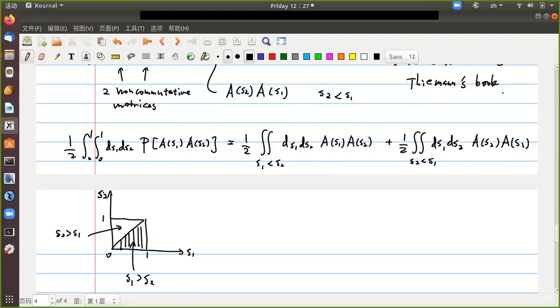For the second term, you can do a change of variable, interchanging s2 with s1. You just call s2 s1, and you call s1 s2.